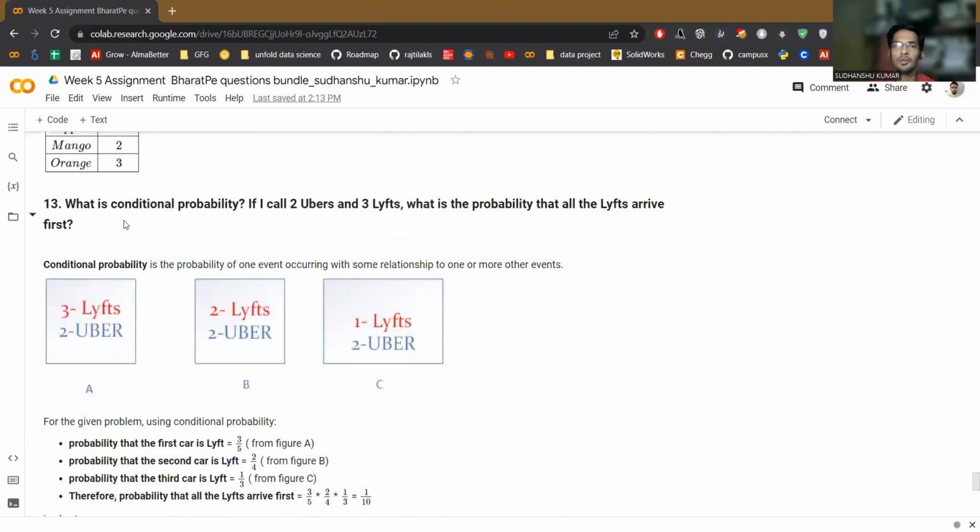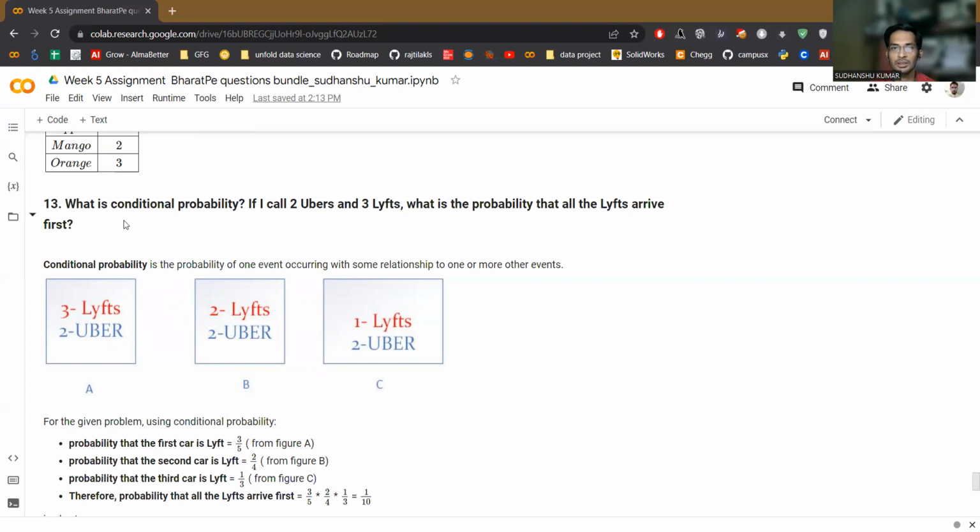What is conditional probability? If I call 2 Uber and 3 Lyft, what is the probability that all the Lyft arrive first? Conditional probability is the probability of an event occurring in relationship with one or more other events.